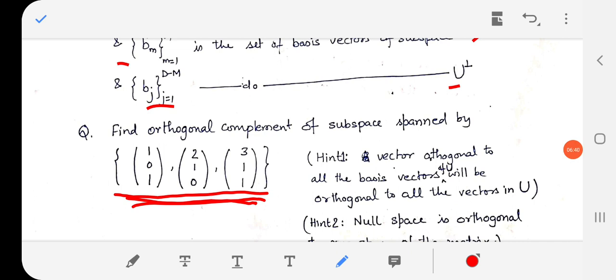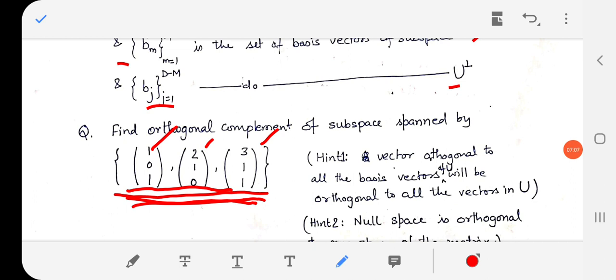Let us suppose you are talking about a vector u, then u has to be orthogonal to this vector as well as to this vector as well as to this vector. If you take such a vector, then it will definitely be orthogonal to all the vectors that are generated out of the linear combination of these vectors, right?